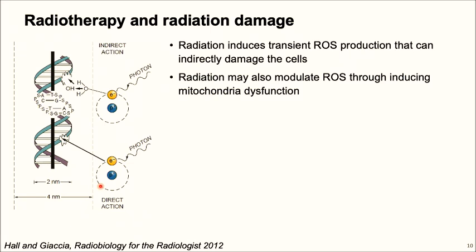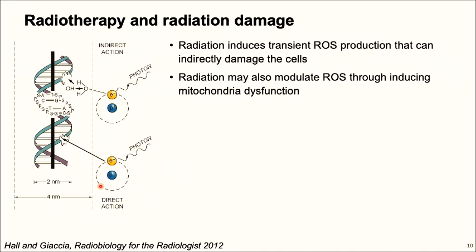As I mentioned, radiation induces transient ROS. While radiation is on, it's generating free radicals, ionizing water molecules and oxygen molecules, and producing these reactive oxygen species that can indirectly damage the cells. Radiation may also modulate ROS through induction of mitochondrial dysfunction.